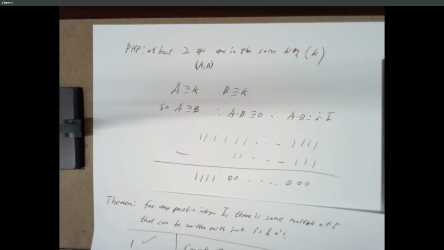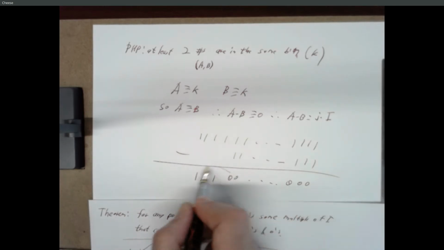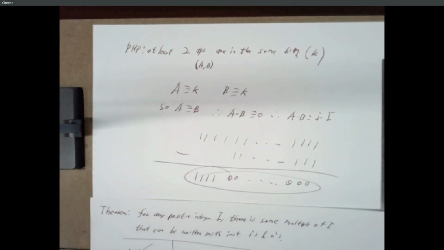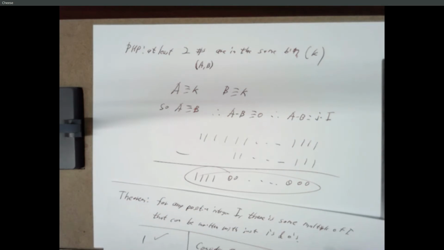And that's a number in the form that we're requiring. So this number in particular will be a multiple of I. It'll be I times whatever that J is.